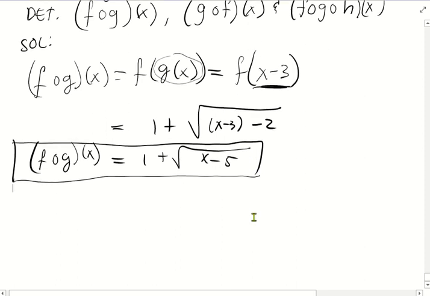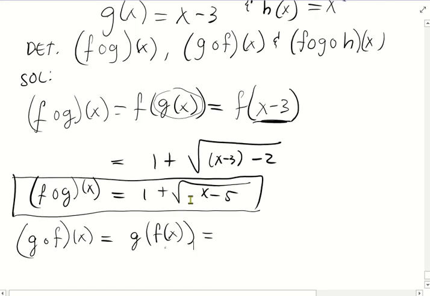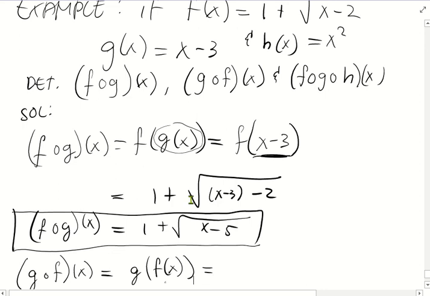For the second one, it's the inverse. G composed of f of x. So this will be g of f of x. So now we will evaluate f of x inside that g of x.